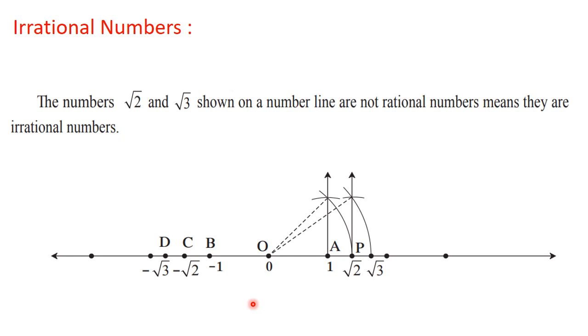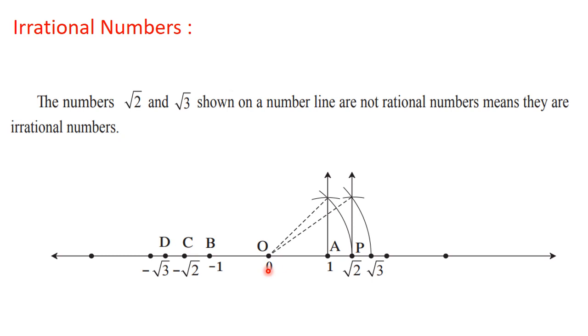Here you can see the number line, and on this number line you can see some rational numbers and some irrational numbers. This is the origin, denoted by capital O, which gives us 0.